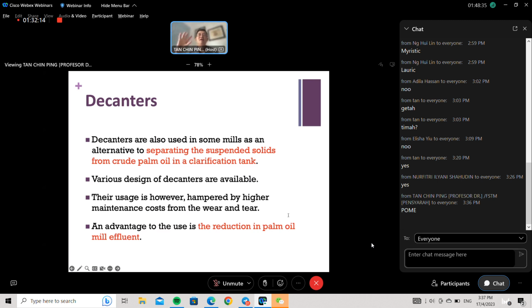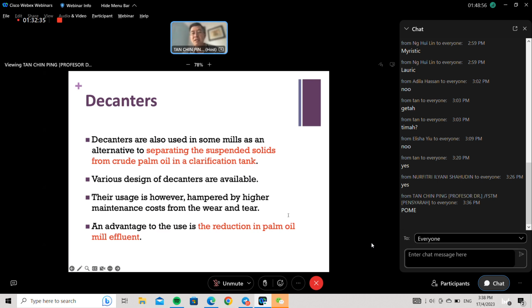And from time to time, you need to replace the disc. Depending on the capacity of the decanter, a disc can cost you a few thousand ringgit. So if you have 50, 100 discs that join together in a big decanter, you can imagine the cost to replace the discs.